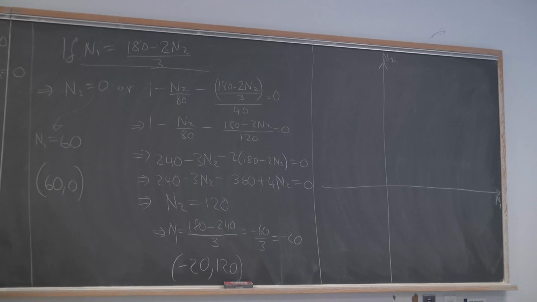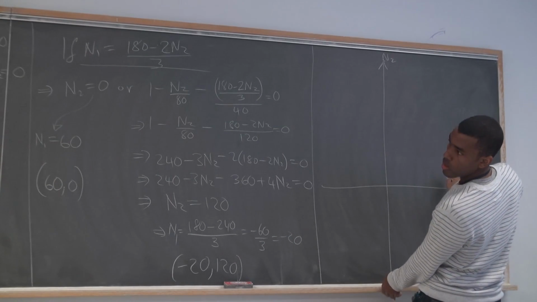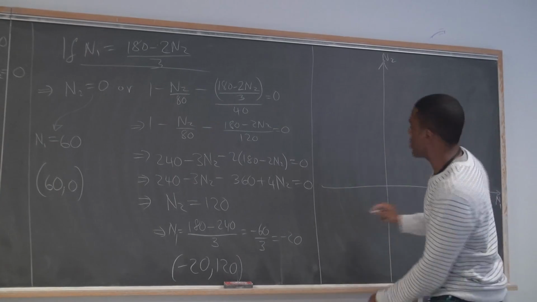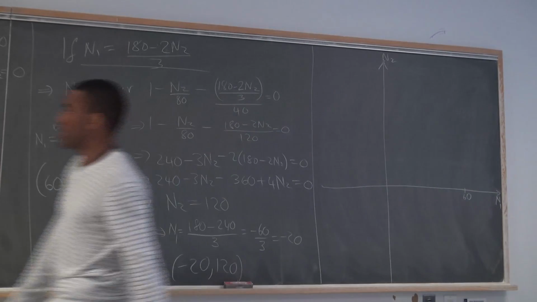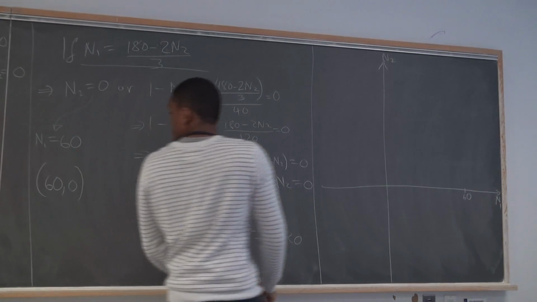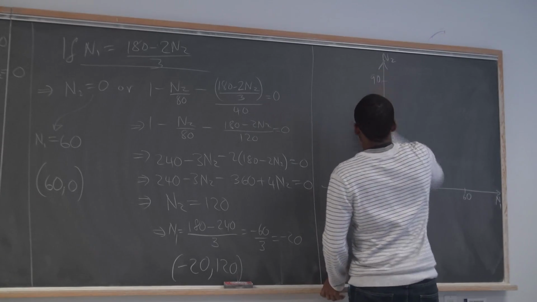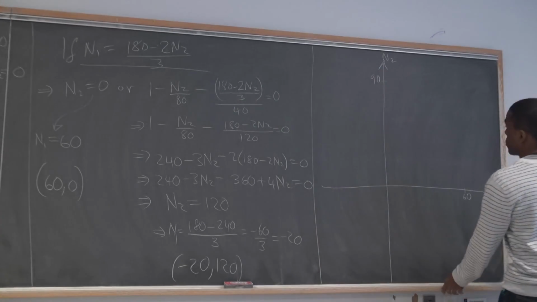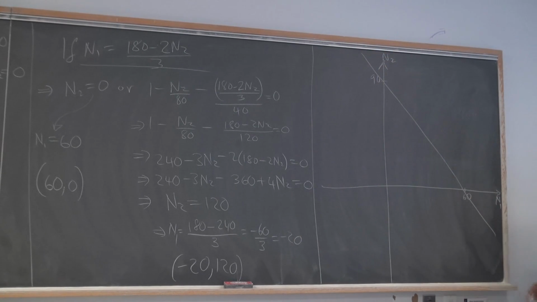N1 would be 60. And then you say, what if N1 is 0? Then N2 would be 90. And then you connect those two. That is the N1 null cline.